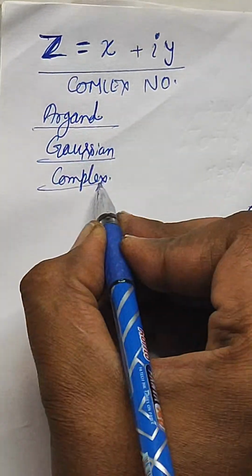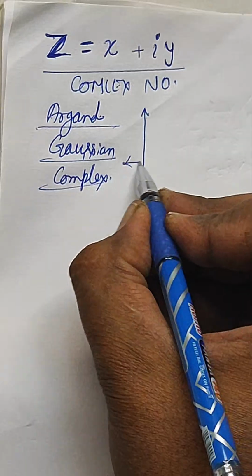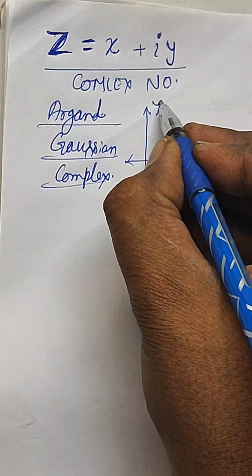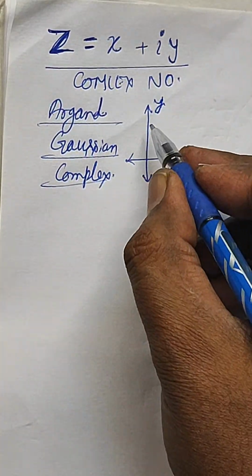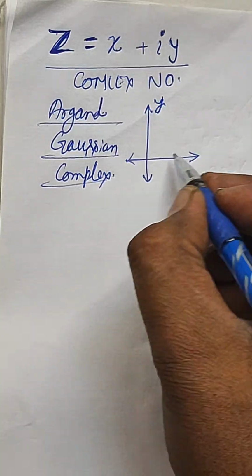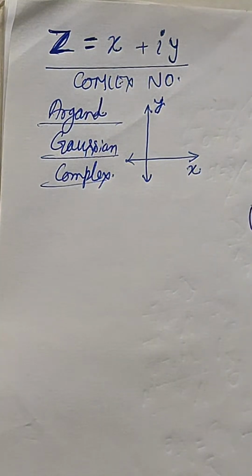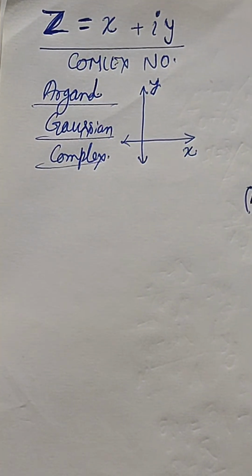Which plane? We have learned from the very beginning in our classes the x and y axis. This is the x and y plane where any complex number can be represented. So let us say z equal to x plus iy is your complex number.